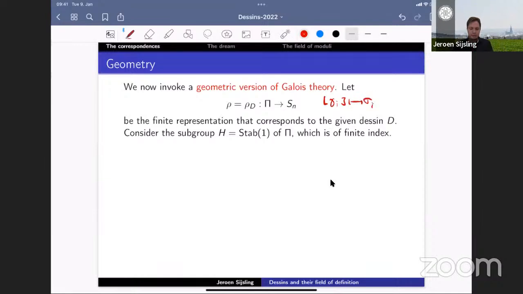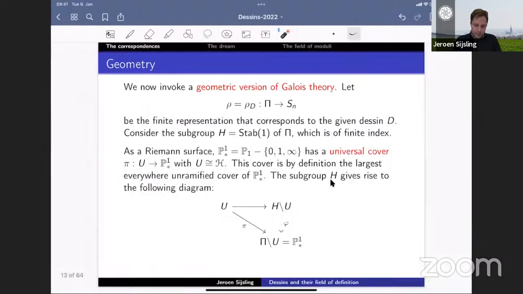That is my finite representation in Sn. Well, if I have this representation, I can ask which elements of it stabilize 1. And by 1, I just mean the element 1 of the set 1 up to n on which Sn acts. Well, that is a subgroup and it is of finite index, because there are only n things to choose.